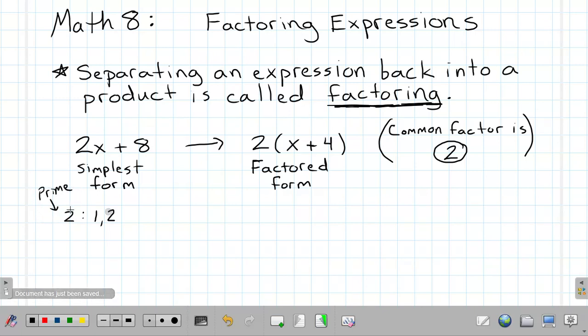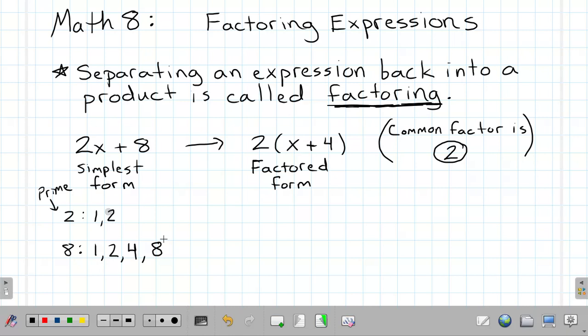But if we look at 8, it's got more factors. 1 is a factor of 8. 2 is also a factor of 8. 4 is a factor of 8. And 8 itself is a factor of 8.